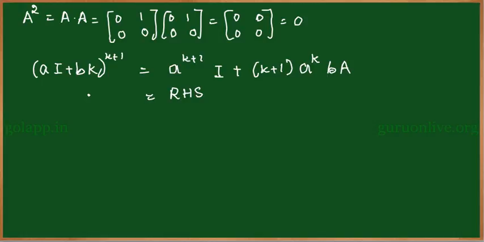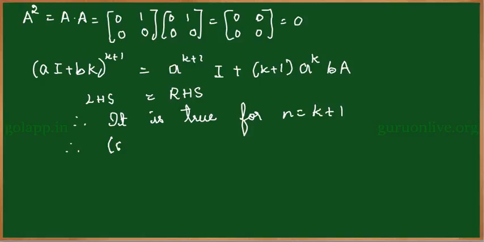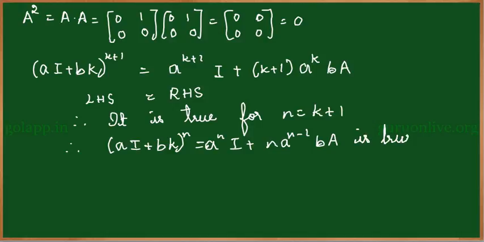So we proved LHS is equal to RHS. Therefore it is true for n equal to k plus 1. So we can say (aI + bA)^n is equal to a^n I plus n a^(n-1) bA is true for all n which belongs to N. Hence proved.